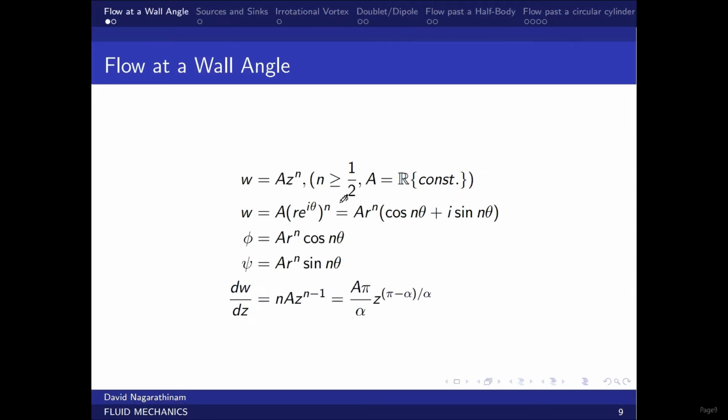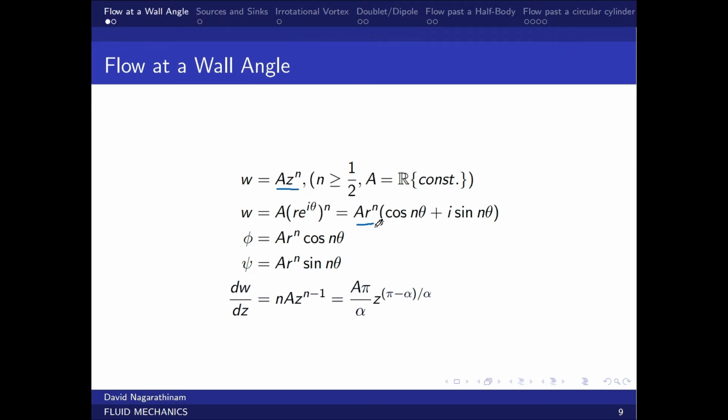Now let's consider a particular flow, that is the flow at a wall angle. Here W is a z to the power n. z is the complex number represented by r e to the power i theta. In this particular case, upon expanding, we have a r to the power of n times cos n theta plus i sin n theta. Here W, we said, is equal to phi plus i psi.